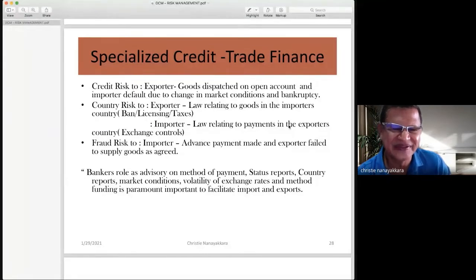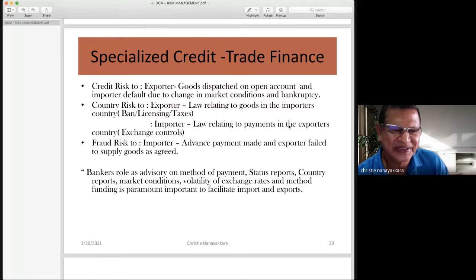They establish a company in that particular country, and then they send to that company in the importer's country. Then from there, they do the distribution. So there are methods to avoid this. On top of this, we also have a kind of fraud risk situation here. You know, fraudulent activity in this also will take place.